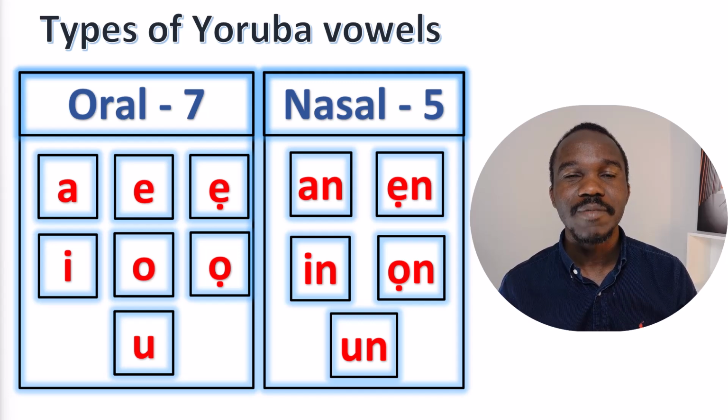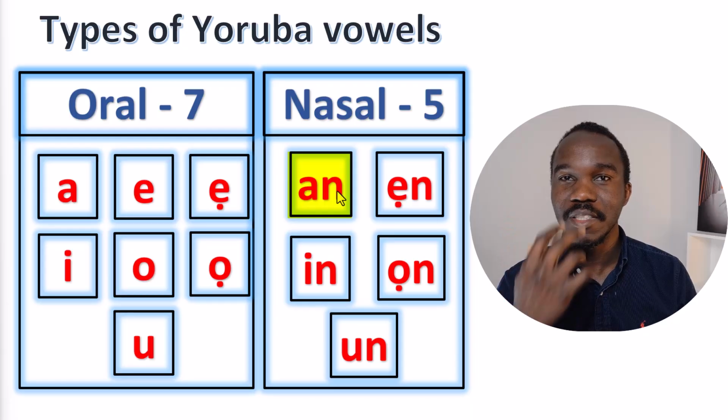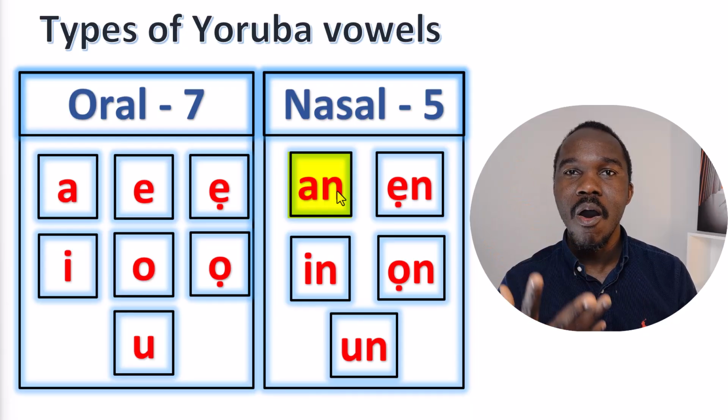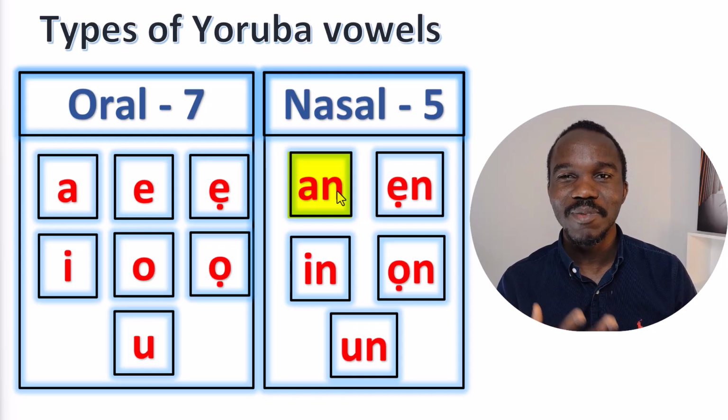So we have what? This is the first one. Your mouth has to be wide open. You can see it comes from the nose. You feel it from the nose.